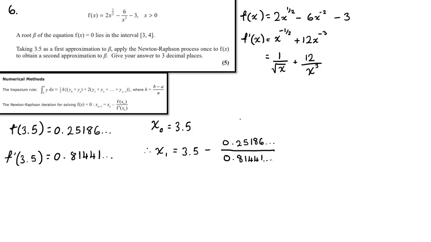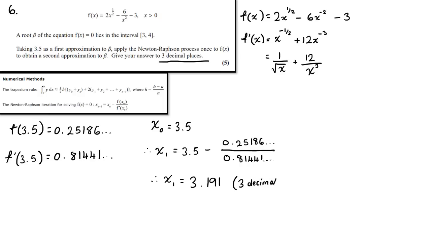And all we need to do now is evaluate this on our calculator. Okay, and obviously make sure we give the answer to 3 decimal places. And if we do that correctly, we've got our solution. So therefore, for x1, what you should get here when you evaluate all of this is 3.191 there. Okay, and that's to 3 decimal places.